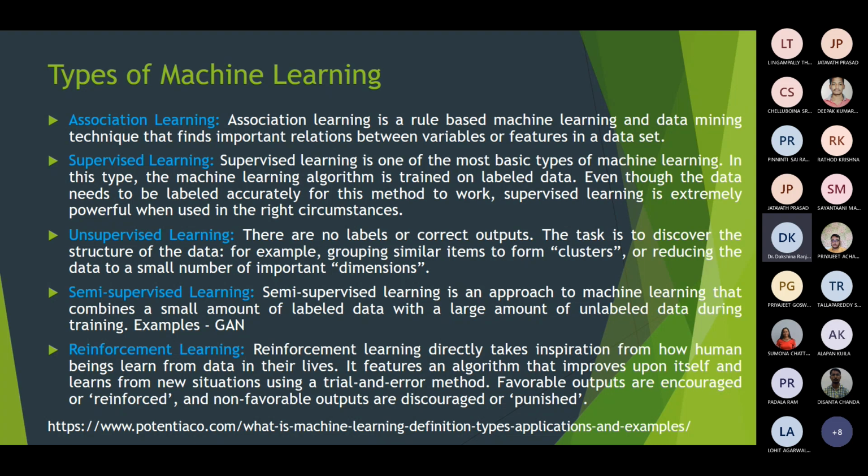Here we can find the probability in association based learning, where the relationship between two or more variables can be considered in the given data set.